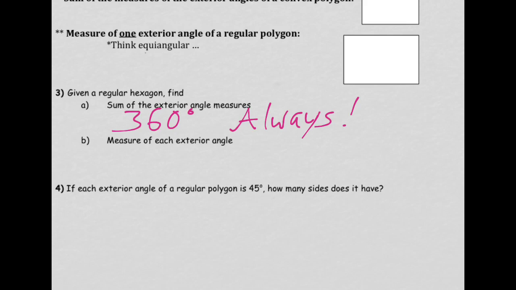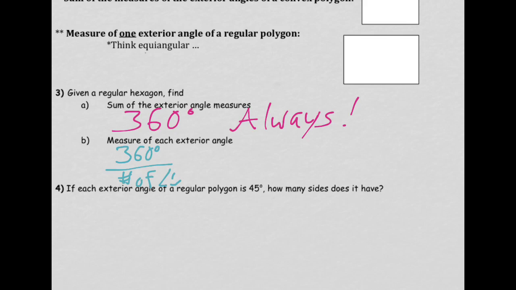Always. Now, the measure of each exterior angle, well, that's just going to be 360 degrees divided by the number of sides or angles, right? We'll say angles. Remember, however many sides a polygon has, it has the same amount of angles.